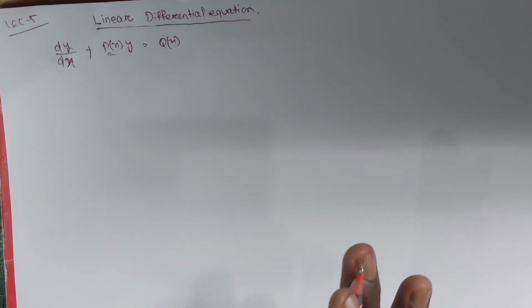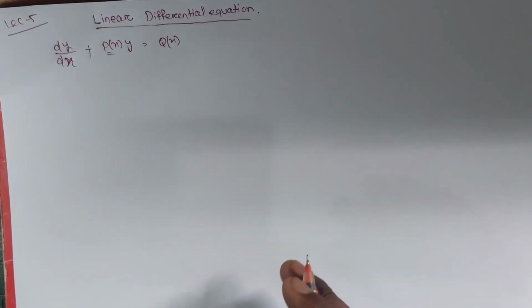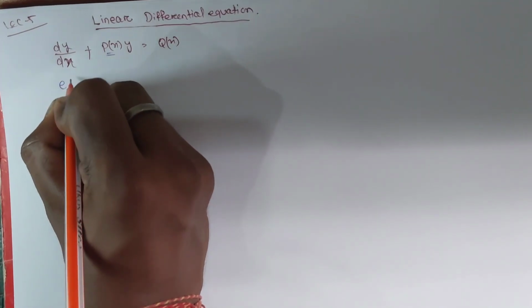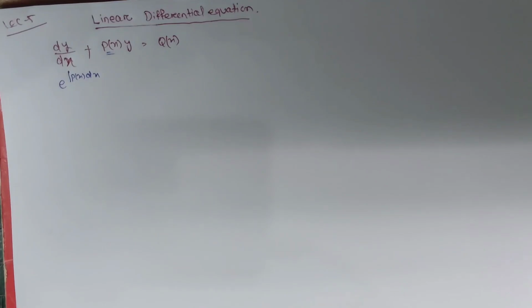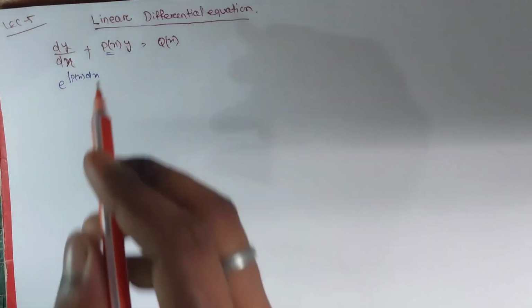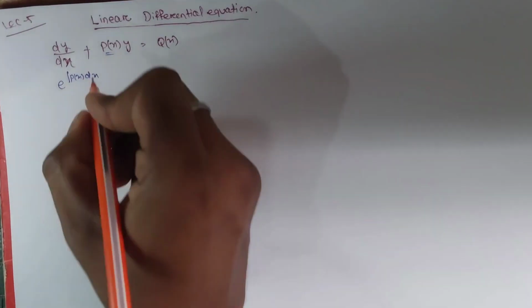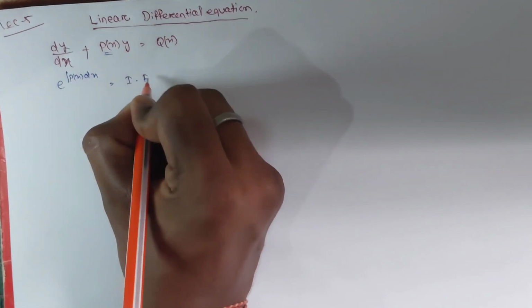And if we want to solve this equation, then we have to compute e to the power integral of P(x) dx, the exponential of the integral of P(x) dx, and it is known as the integrating factor.